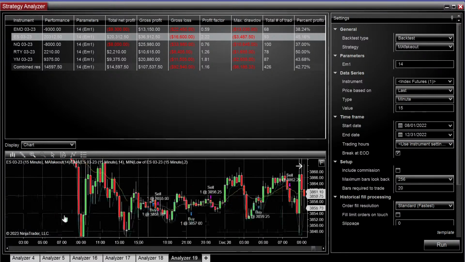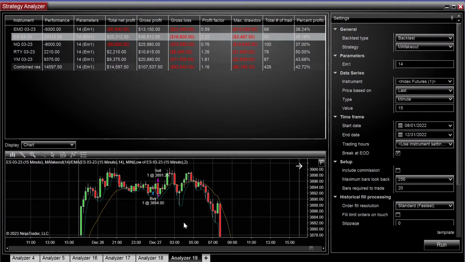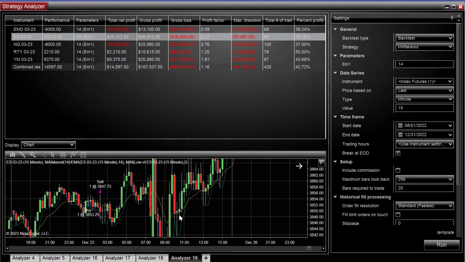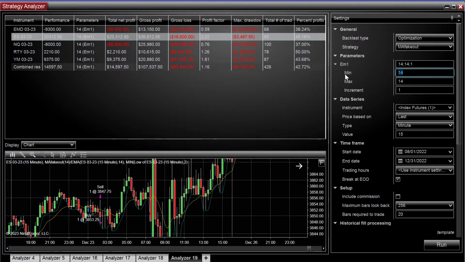Seems to be working now, but I don't understand why I had to put 2 bars. I guess it's counting the current bar, but whatever. It's working now, so let's go back to the optimization real quick.